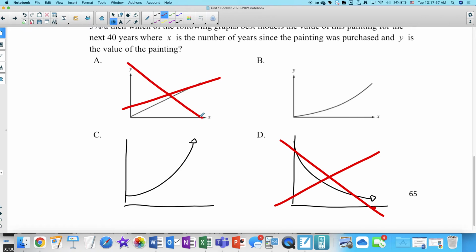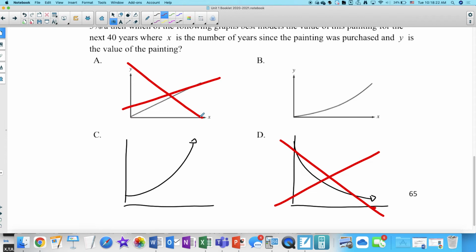So B and C are both exponential. And they're both increasing. How do we know which one is right? You said it was C, and you're right. Why is C right and B wrong? Yeah, I was going to say the value of the painting is at the 10,000 and not 0. Yeah, exactly. We have to think, what's the initial value of the painting, right?